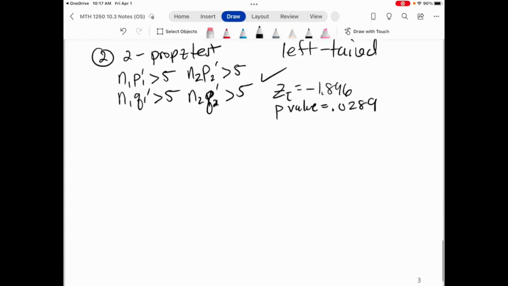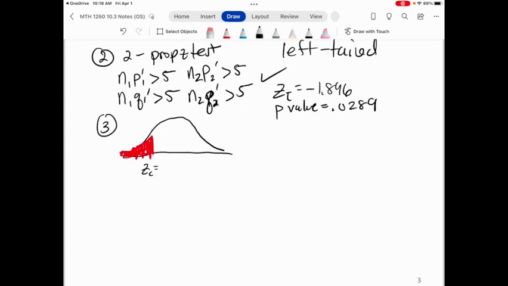All right, so let's go ahead and get into our rejection region method. We're looking to see what that cutoff point is for this left tail. What is my z critical? Now, because we're doing proportions, we're doing z's here.